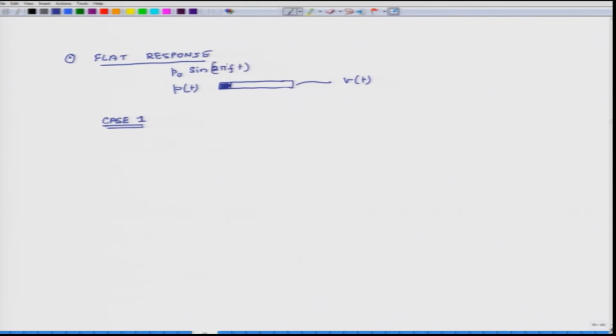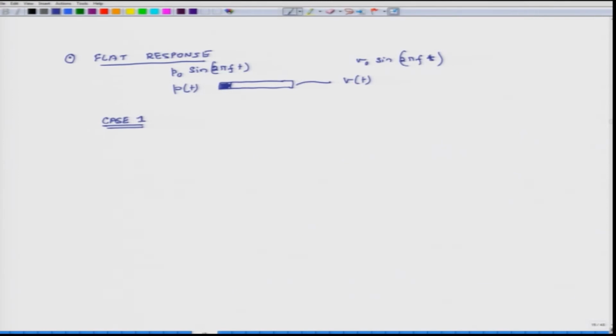This is my input, and the frequency could change. If it is a linear system, what output will it give? V naught sine 2 pi f t plus some phase difference, for a linear system. Or to make things simpler, at least in the context of this course, I will say that the input is P naught sine 2 pi f t, and the output of the microphone is V naught sine 2 pi f t.